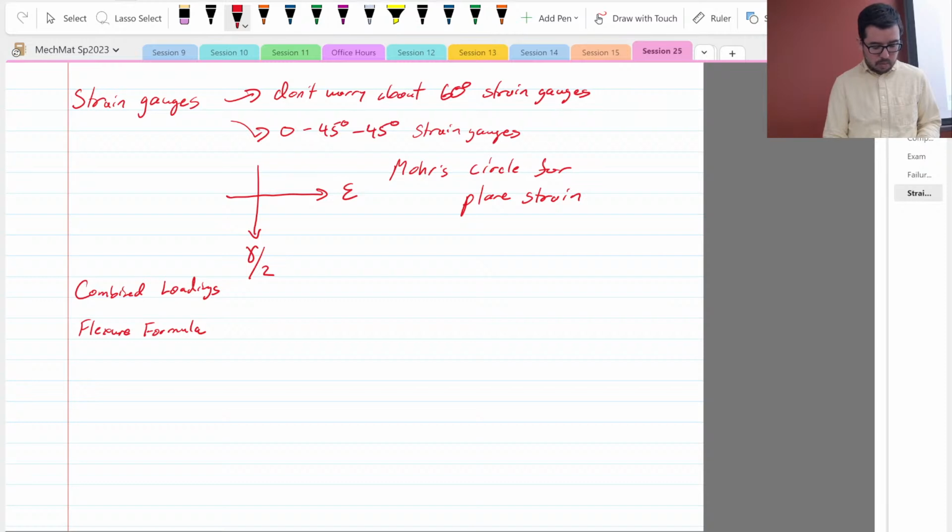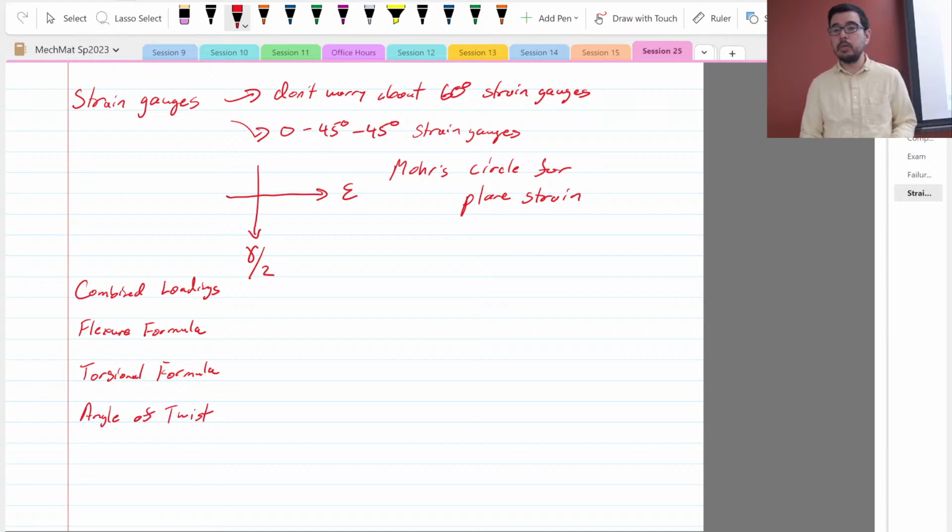And yep, torsional formula. And yeah, we should be able to do some angle of twist. I know it's a pain, but we should be able to do some of that. Any questions?